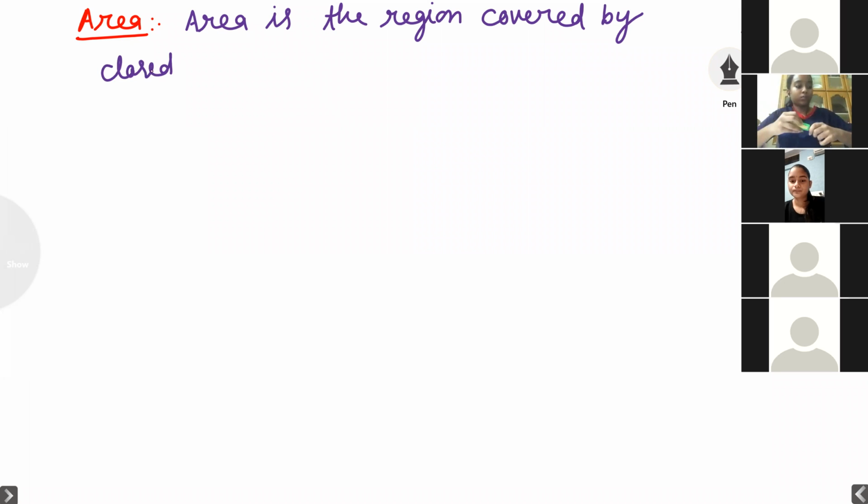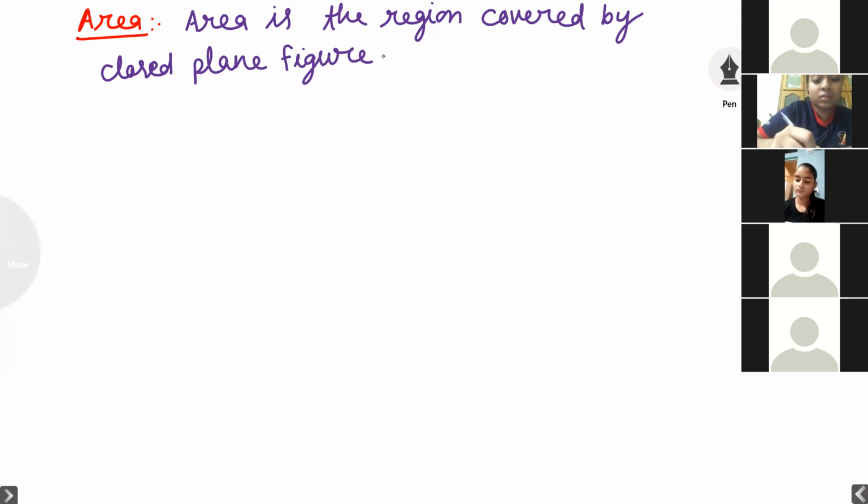Today's class is a very important class, students. What is the meaning of region? Region means nothing but boundary. Area is the region covered by closed plane figure.